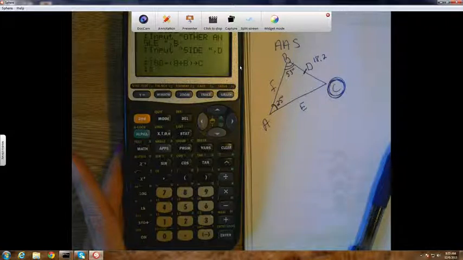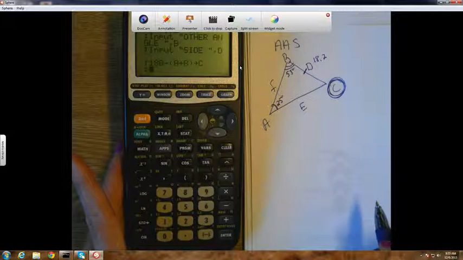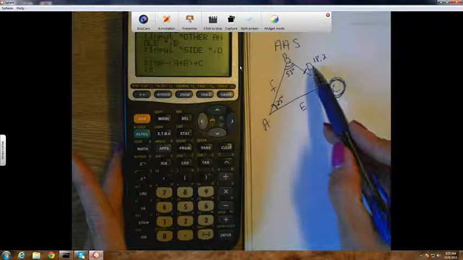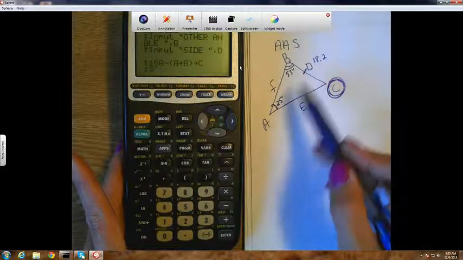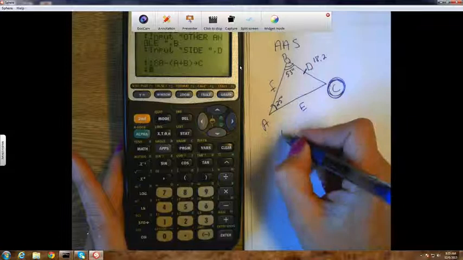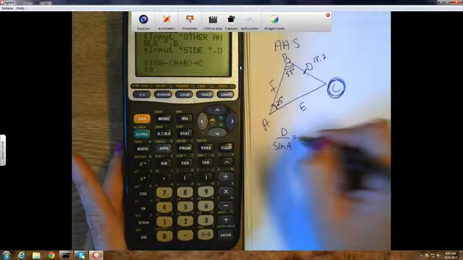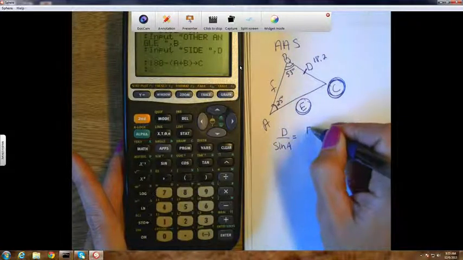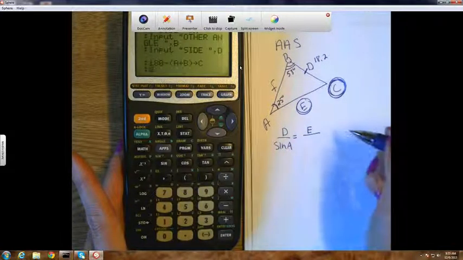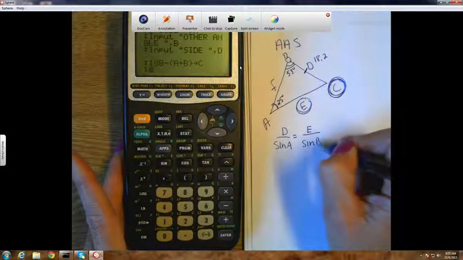We've still got to find E and F. So what are we going to do? What law? Law of sines. So we've got this and this, so I'm going to go D over sine A equals, I want to find E next. Let's go E, E over sine B. E is what I'm trying to solve for.